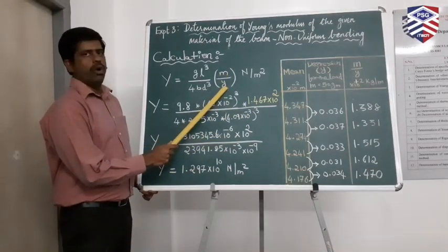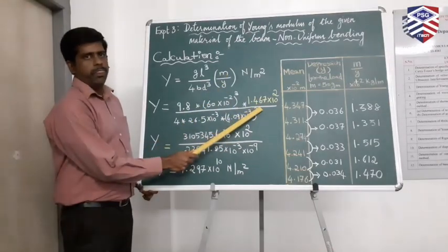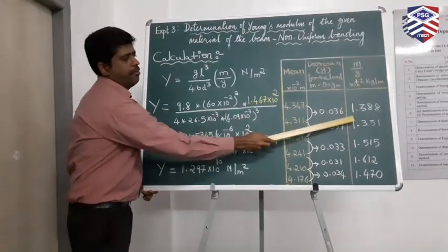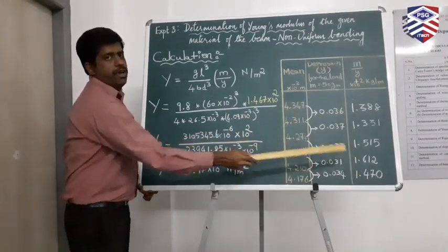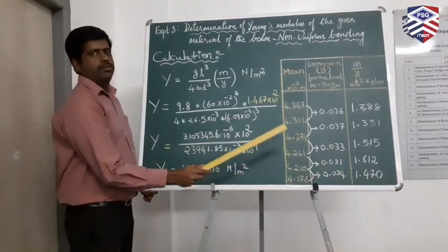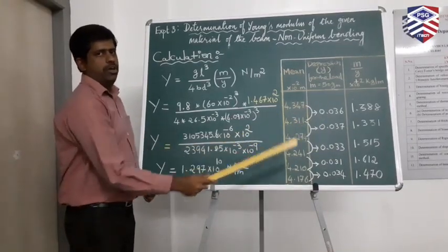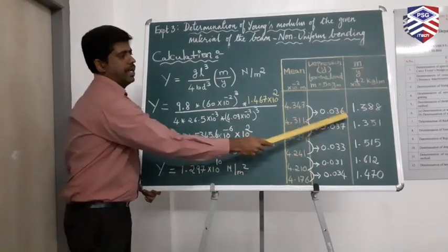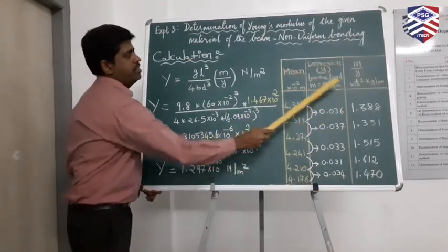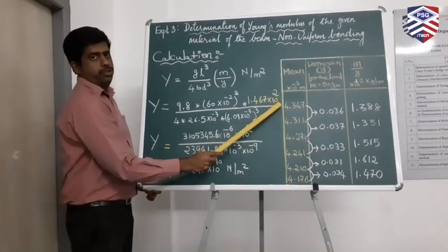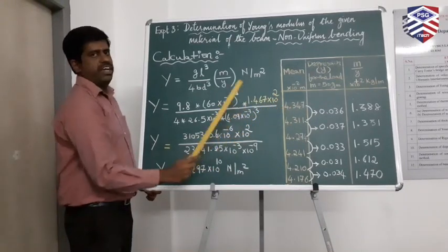The M by y value is shown here, which is nothing but the average value of the 5 readings which we have taken from the tabular column to calculate the depression of the beam. And that average value is represented here. Don't forget to mention the 10 to the power plus 2 value in this case.